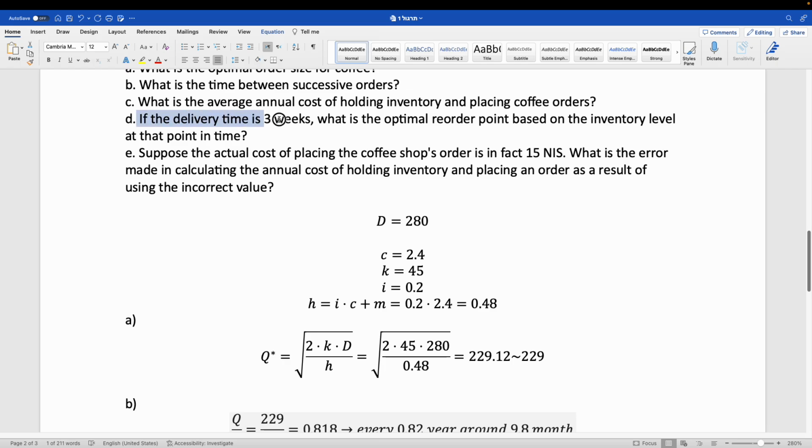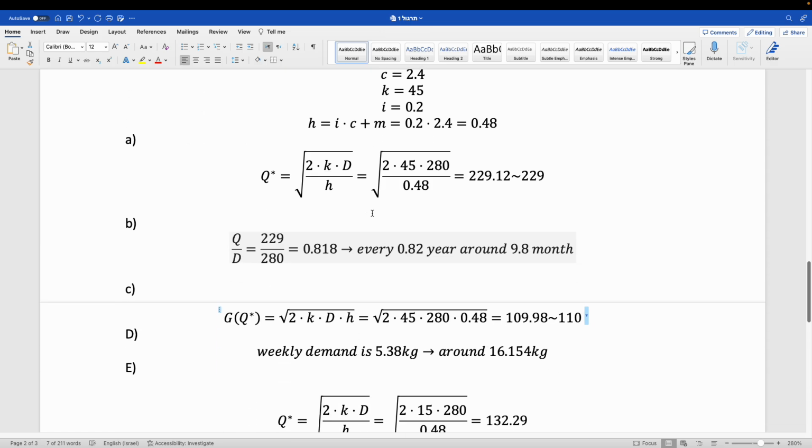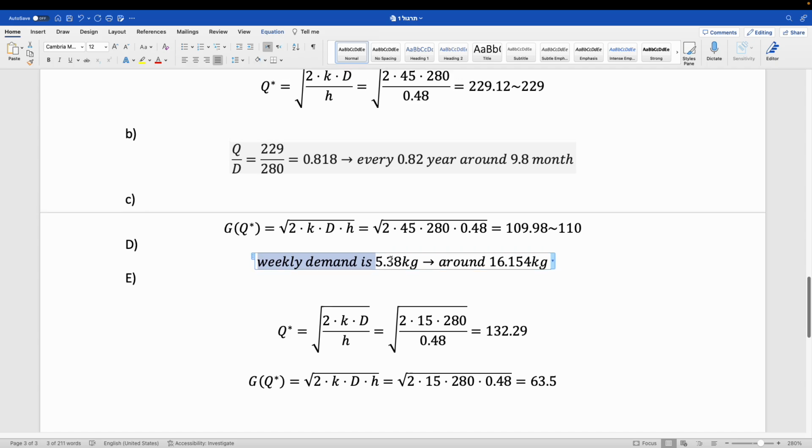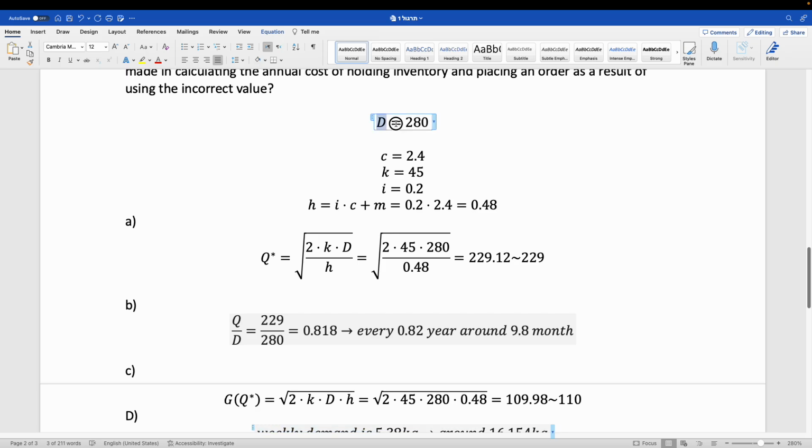And if the delivery time is 3 weeks, what is the optimal reorder point based on the inventory level? We just need to find when to order the inventory. So this is really easy. We just calculate the weekly demand, which is 5.38 kilograms. How did I calculate the weekly demand? I just took the yearly demand and divided by 52.